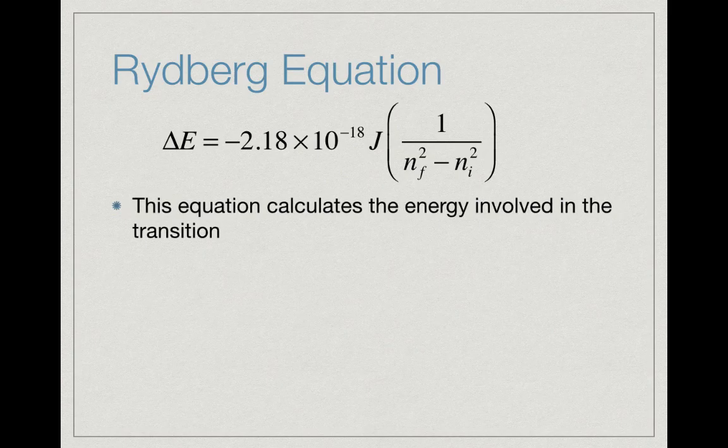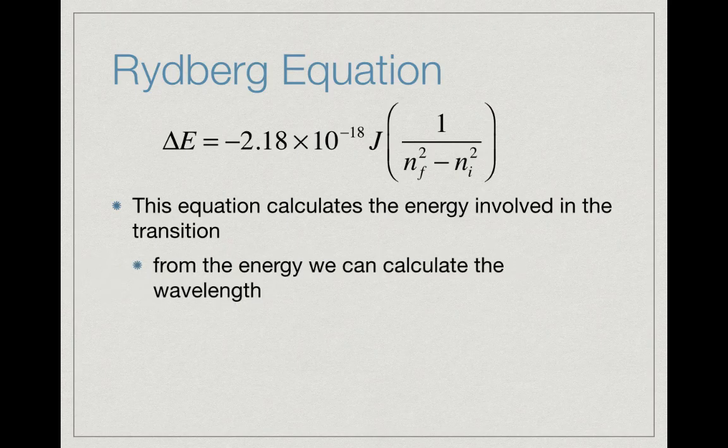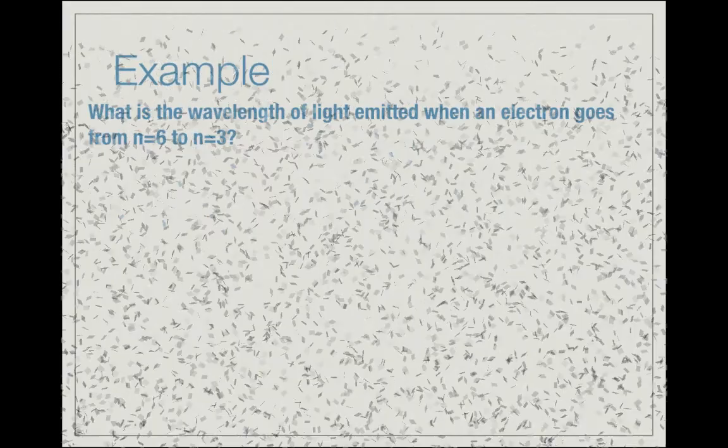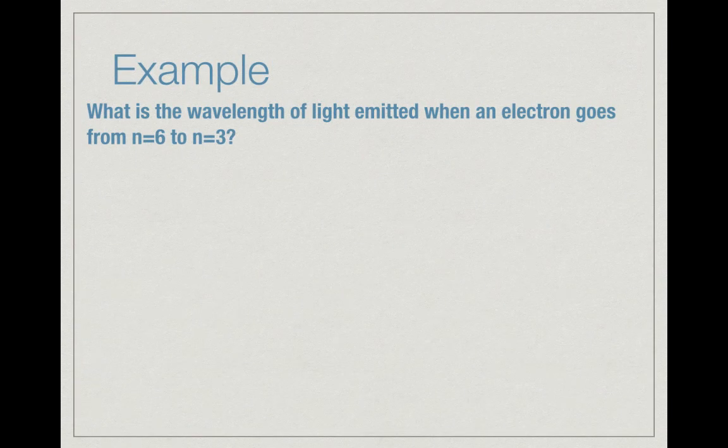So we've got delta E, the change in energy, equal to negative 2.18 times 10 to the minus 18 joules, times 1 over n final squared minus 1 over n initial squared. So this equation calculates the energy involved in a transition between two different n levels. Once we calculate that energy, we can calculate the wavelength. And here's an example that we will work out in class.